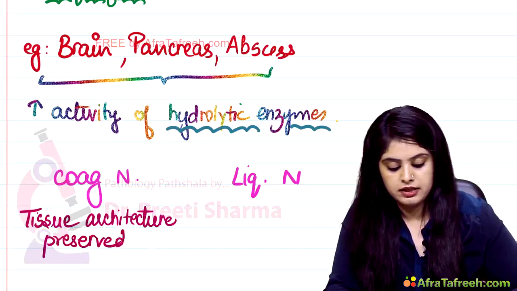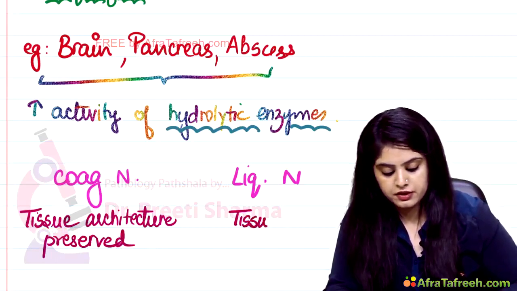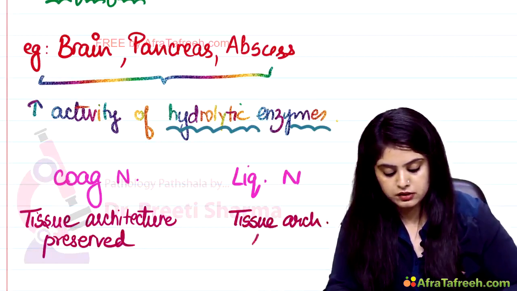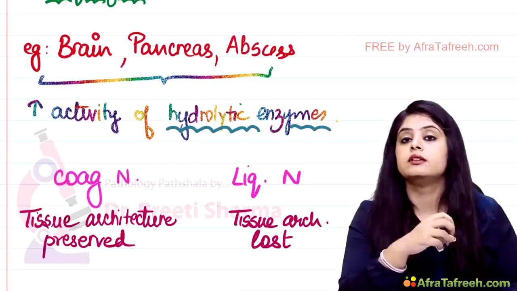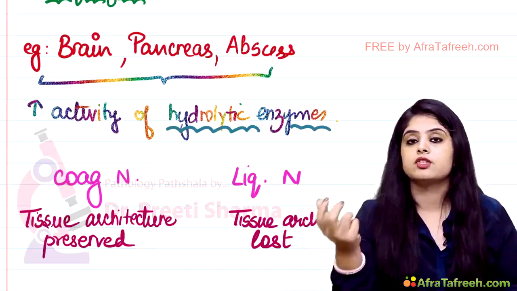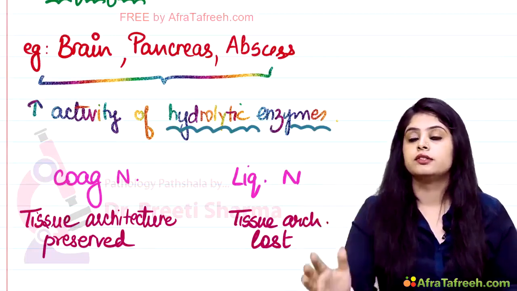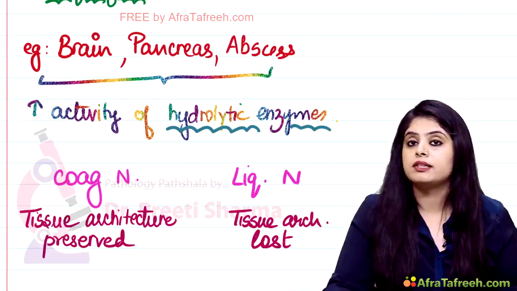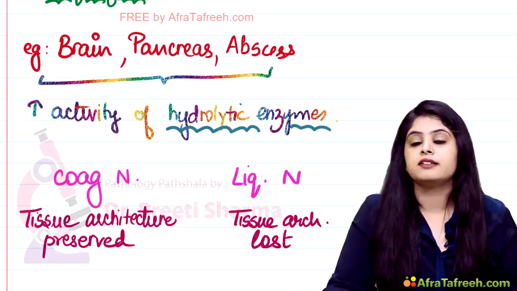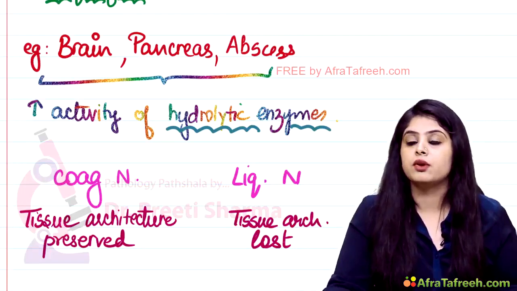Whereas in liquefactive necrosis, the tissue architecture is lost, because everything becomes liquefied, because the enzymes go and dissolve everything. So these are the first two types of necrosis: the most common one, coagulative, and the second, liquefactive or colliquative.